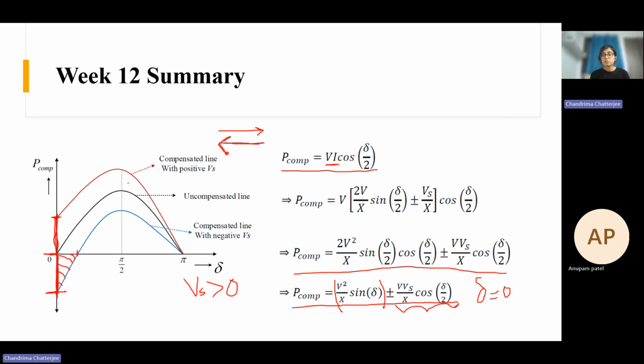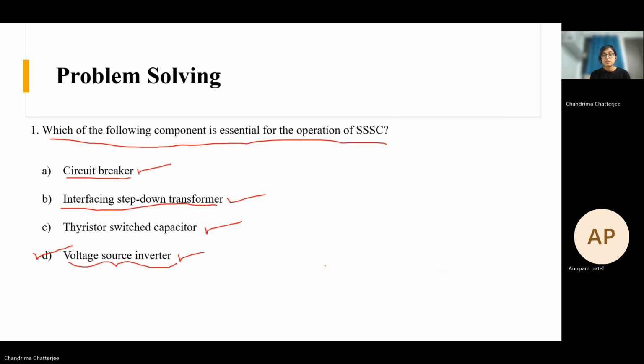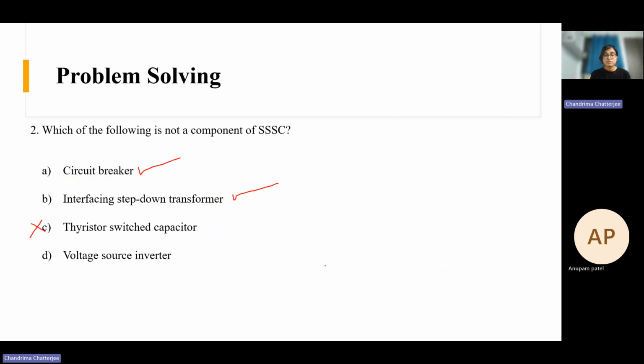It can also provide damping to subsynchronous resonance. It is immune to subsynchronous resonance because it doesn't have any series capacitive element. That's why it doesn't get affected by subsynchronous resonance, or SSR in short.